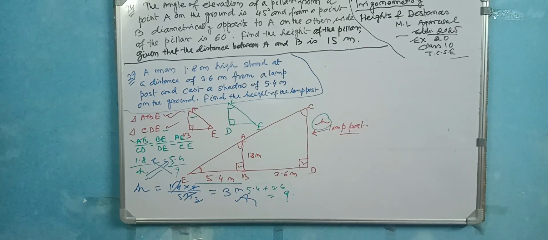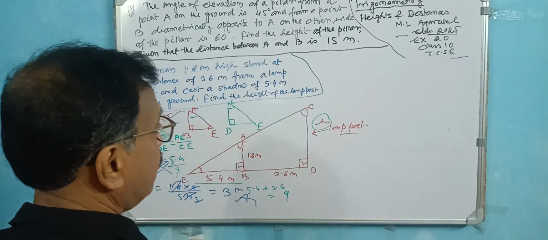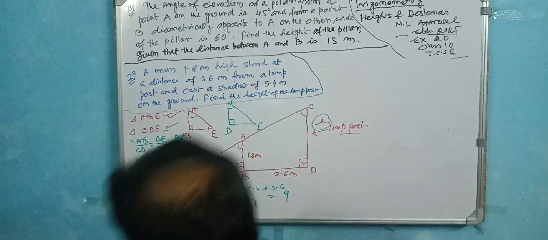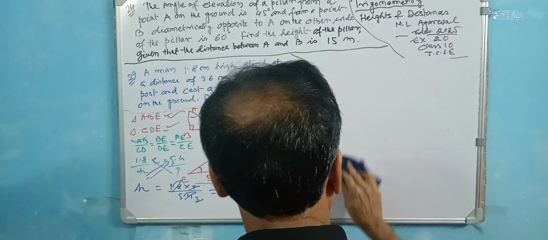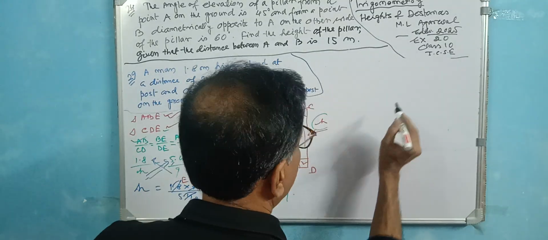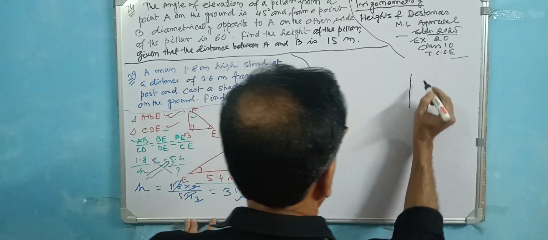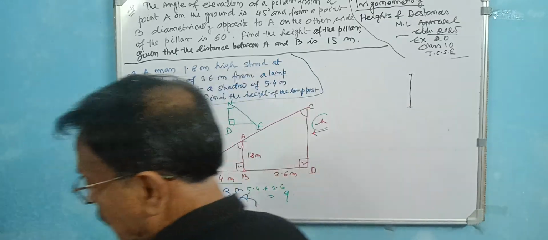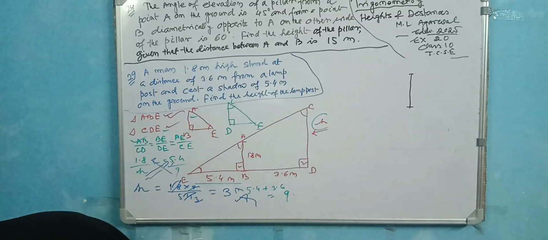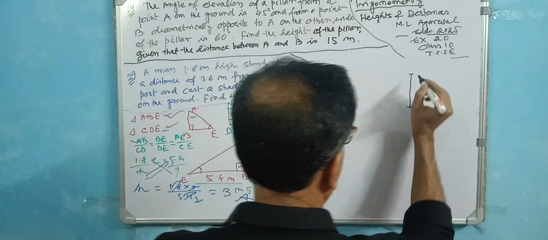I'll draw the same drawing. I'll erase this part a little, this one. Okay. Same thing, same drawing. So suppose this is the height of the man. Suppose this is CB.